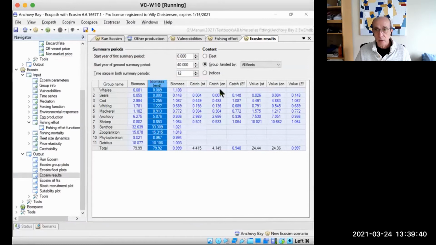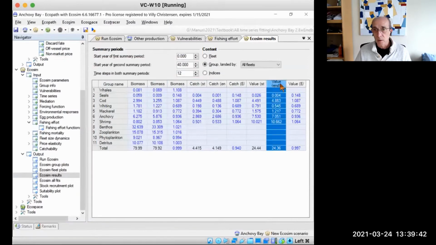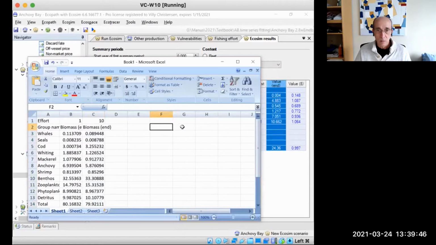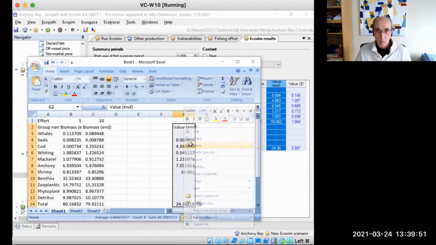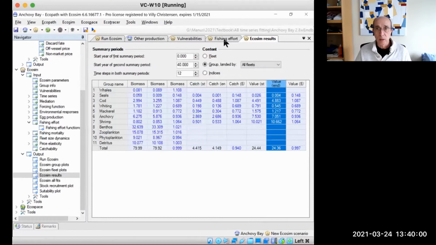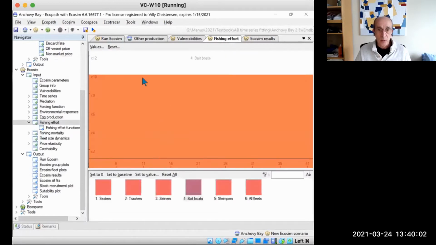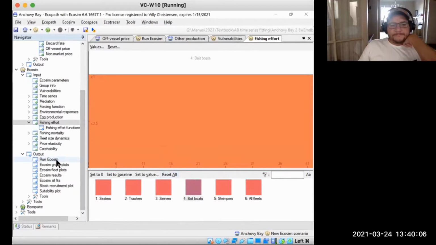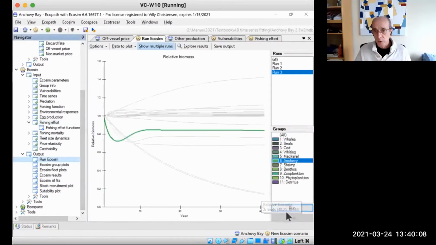Let me just get a value as well. We definitely need to have that for the first run as well, for it to be set. So I'm just going to reset all back to 1 and rerun it, just to get those numbers that I forgot to copy.